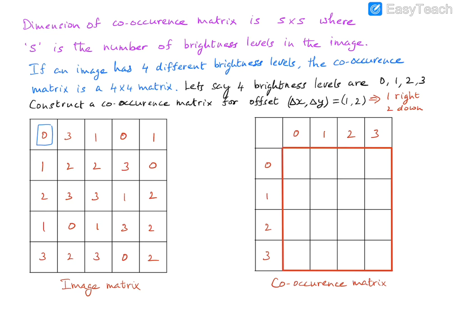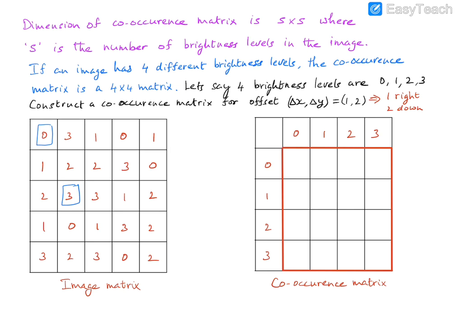I'm just going to mark one of the pixel pairs, and we'll have to apply the same offset relationship for all the pixels. From the given pixel, if we move 1 pixel right, it comes here, and when we go 2 pixels down from there, we come here. So the relative pixel at that offset from the first pixel is this particular pixel here.